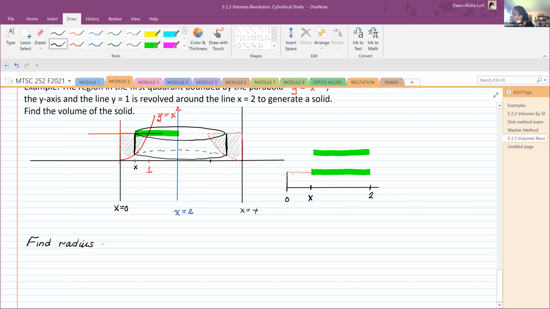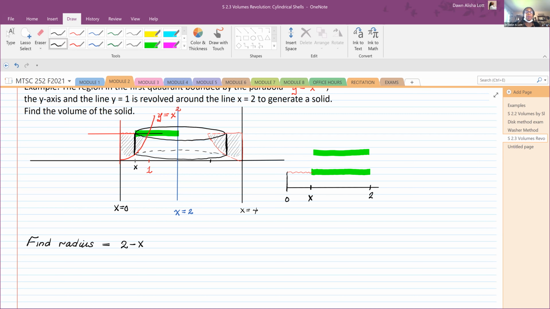So the radius is 2 minus x. So this is what I was saying to you. The radius is not always x, f of x. That's a very specific case. When you start moving things around and rotating around different things, it becomes different.